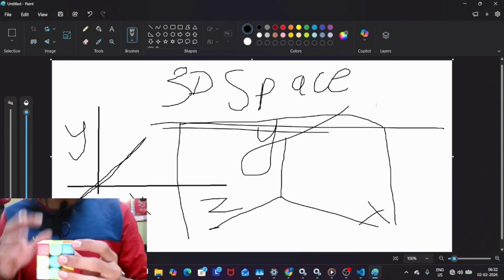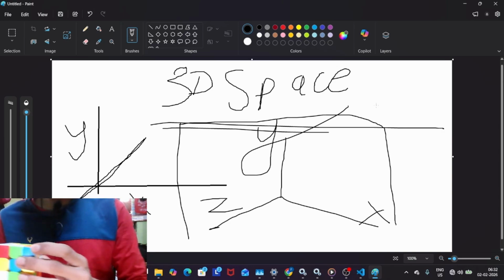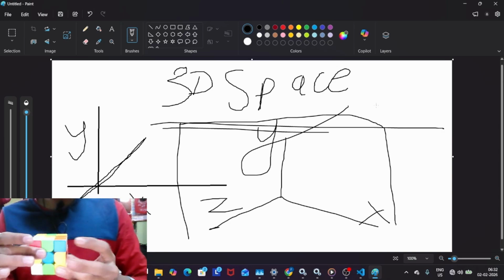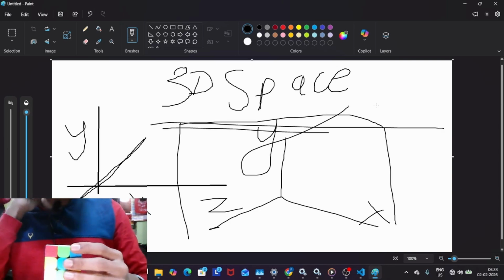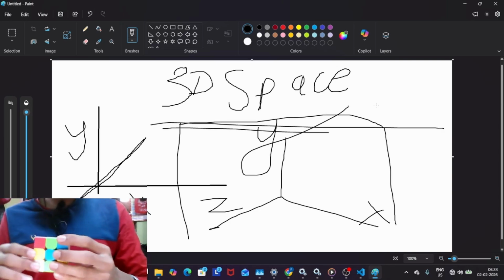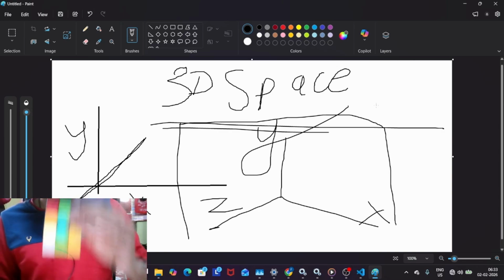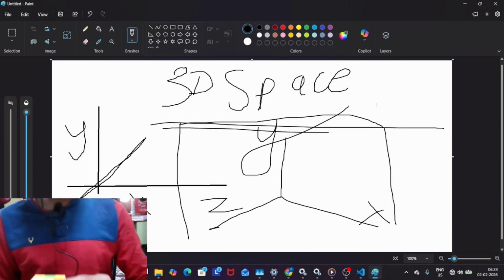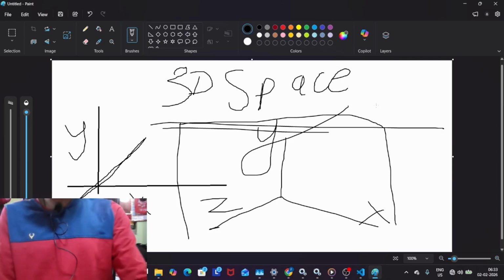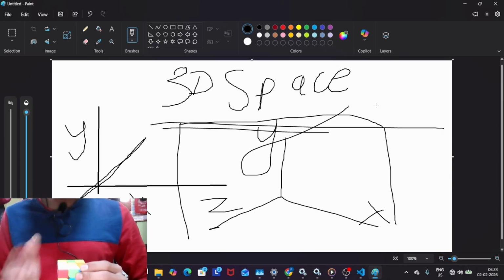If the cube is moving like this, from left to right, that is the x-axis, and up down, up down is the y-axis, and forward backward, forward backward is the z-axis.